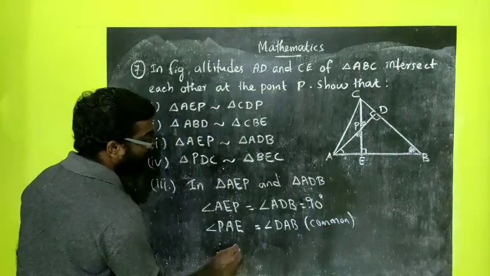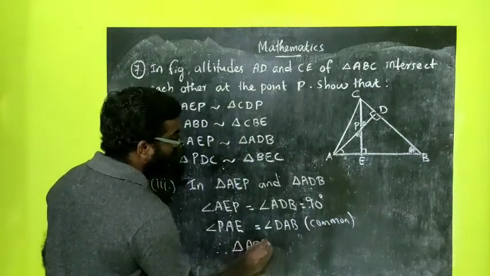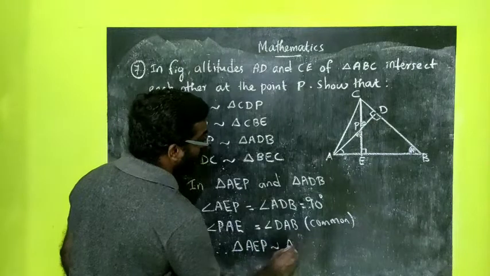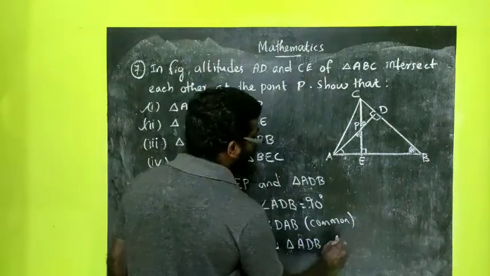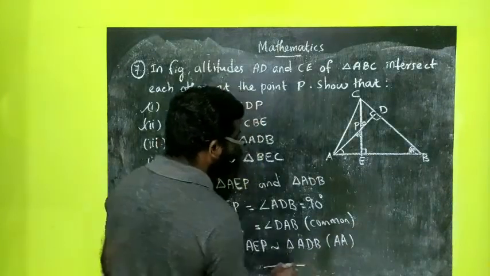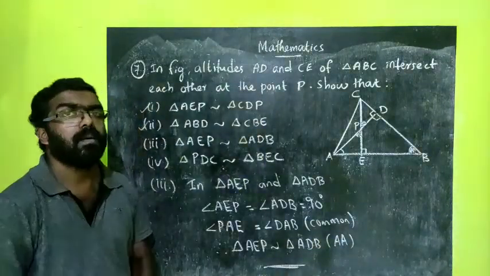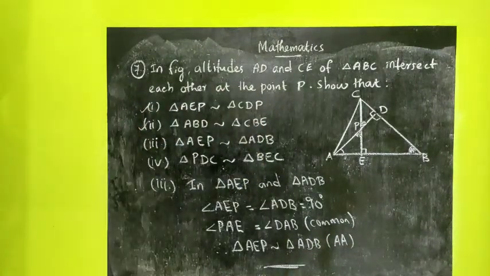Therefore, triangle AEP is similar to triangle ADB by the same criterion, AA similarity criterion. Clear?